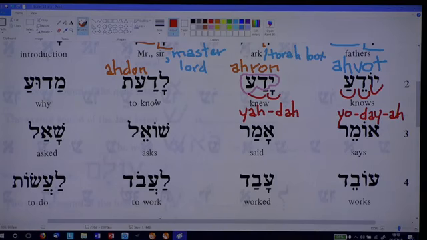Now, the yud is right here. See it? The yud's there, but because of grammar rules, it's dropped. It's not pronounced. Doesn't matter that it's there. The lamed, it means to. It's a prefix.